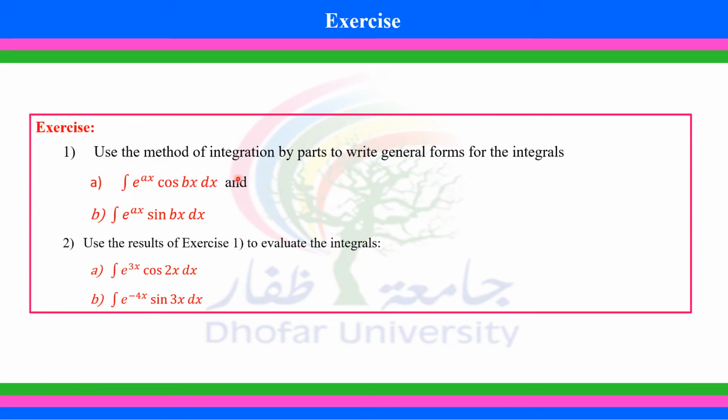Here you have an exercise to check for yourself that you have understood the method we explained in the previous slide. In this exercise, you are required to find general forms for these two integration problems: e power ax cosine bx dx and e power ax sine bx dx, where a and b are real constants.